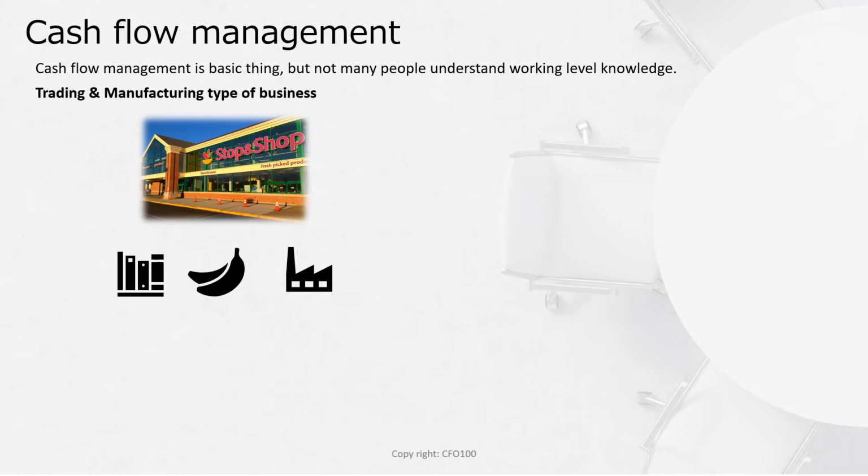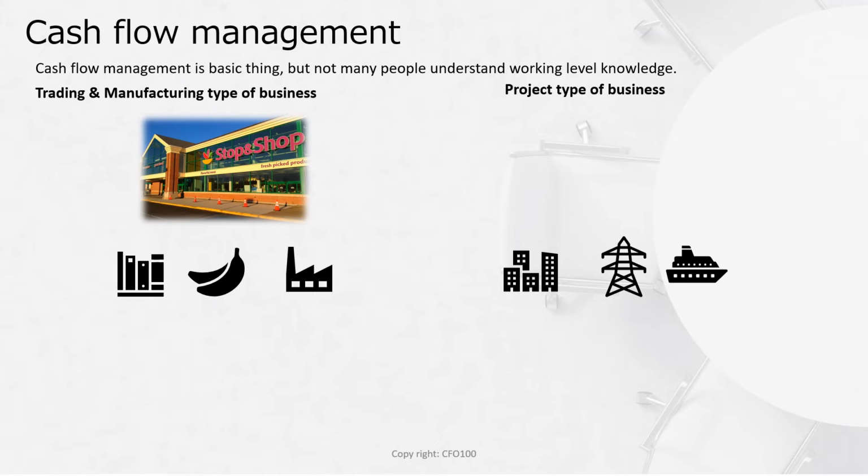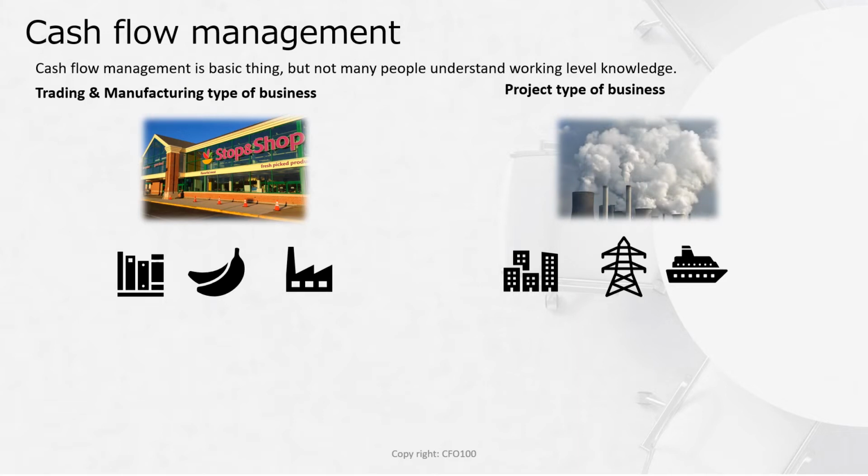We call it project type of business. For example, a real estate company, power plant, or water plant are a project type of business. This category of business has the lifespan of the business and tends to have large fixed facilities.